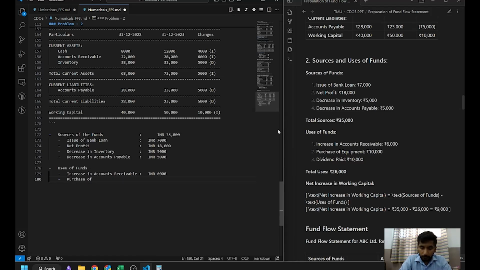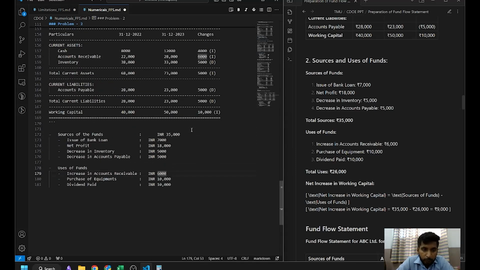Then purchase of equipments. That is INR 10,000. Then the dividend paid, which is rupees 10,000. These all things are given in the question.